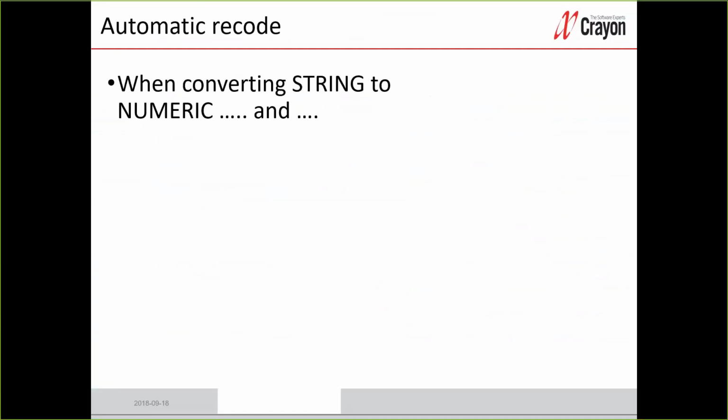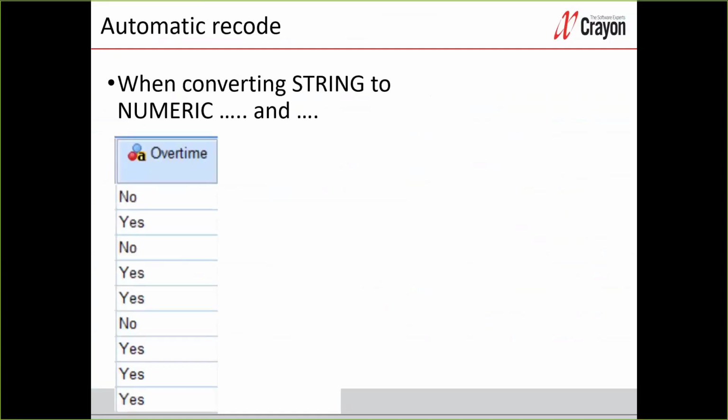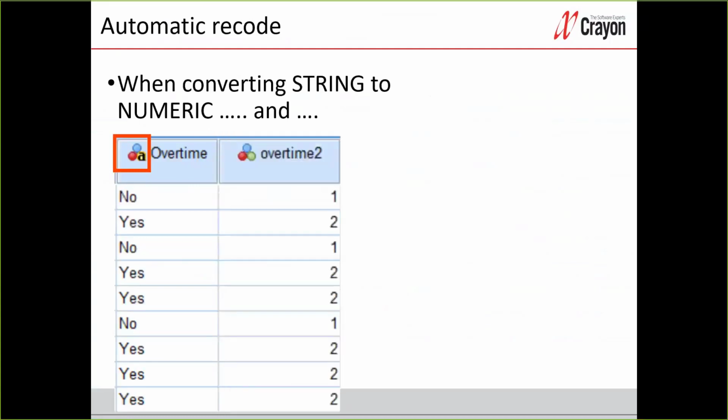So what I will do is change the string variable called overtime, and you can see there are three circles and a little a, and the a stands for alphanumeric, and that's a string variable. The alphanumeric is because the answers are just in text format. It's yes or no. But I would like to convert this to numbers instead, because it's easier to work with numbers, for example, when you do the select cases command that I showed earlier.